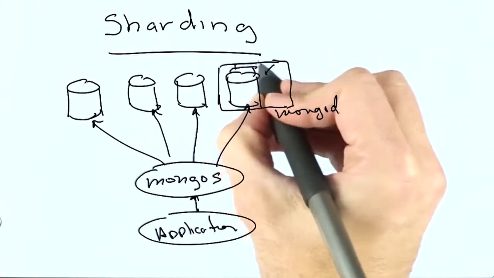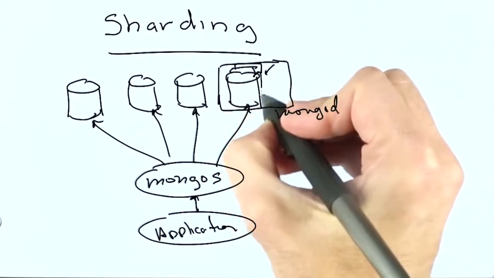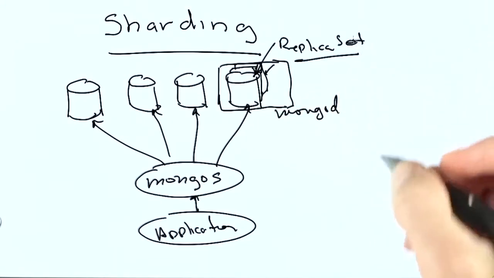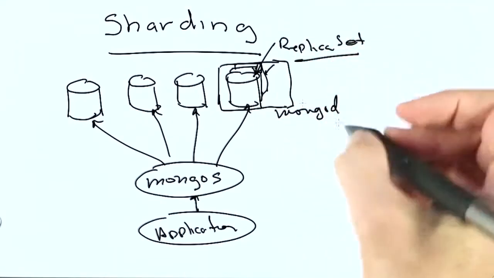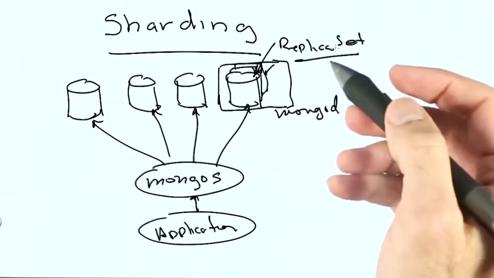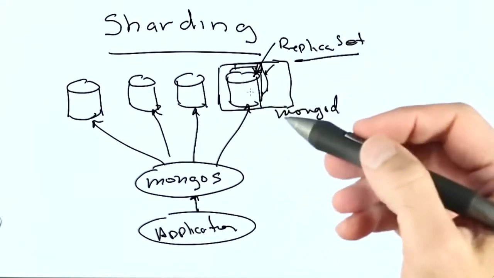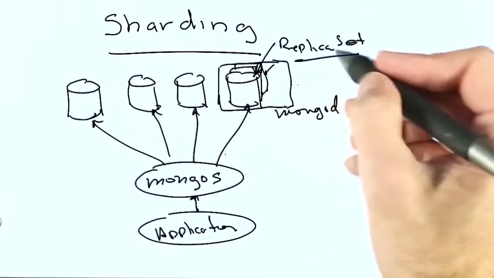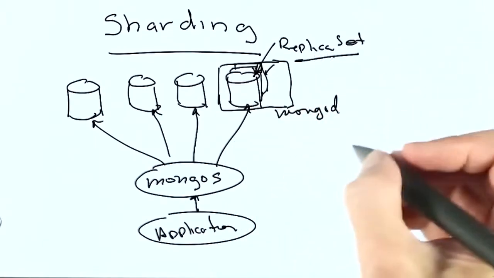So imagine 3 of these behind here in what's called a replica set. And a replica set keeps the data in sync across several different instances so that if one of them goes down, you won't lose your data. But logically, you can look at this replica set as one shard. And for the most part, it's transparent to the application.